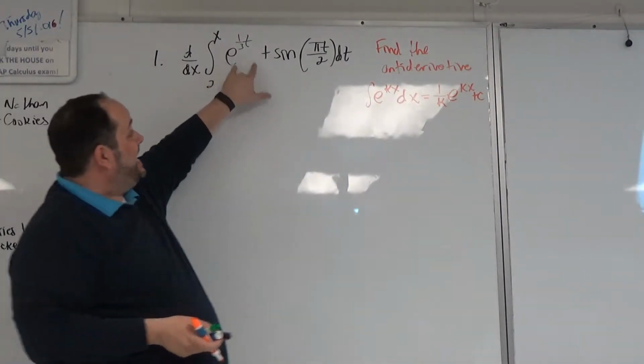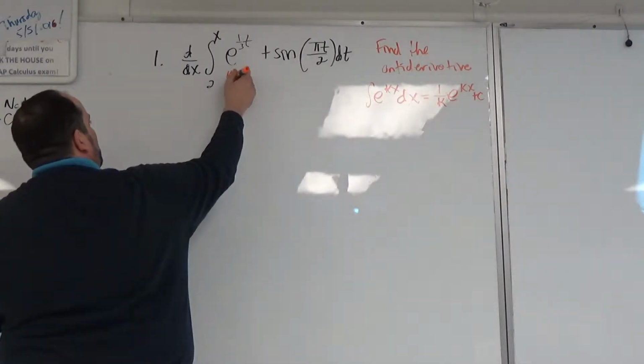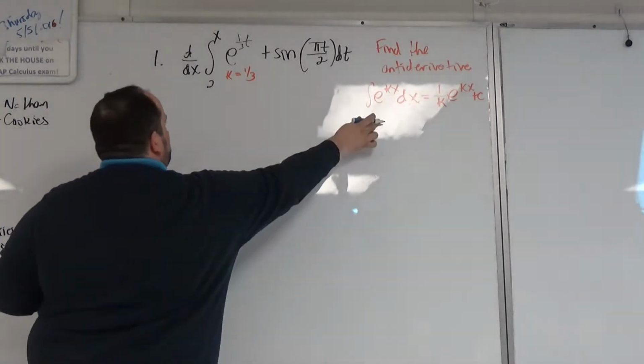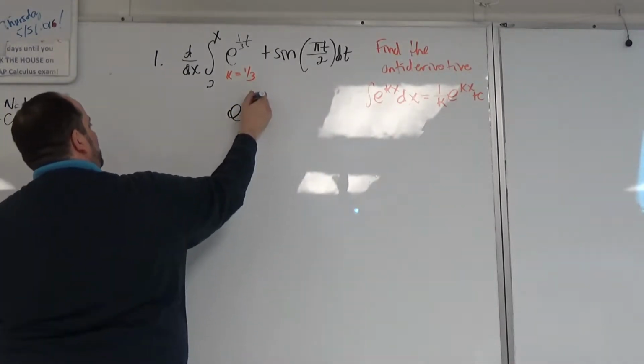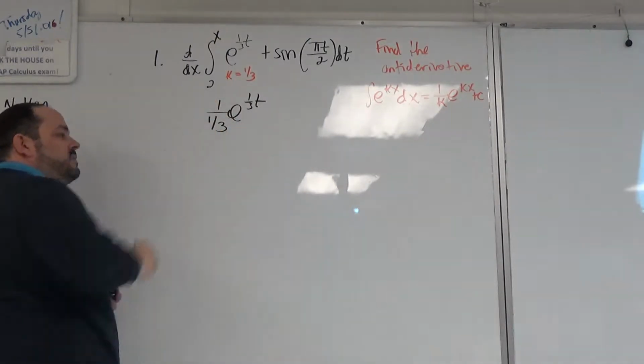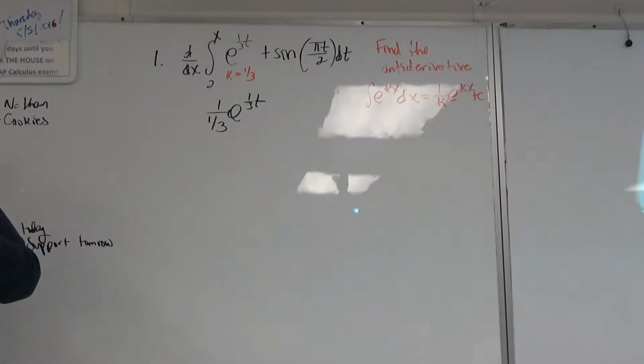That is in this form, except k here is 1 over 3. So the antiderivative using this form is going to be still e to the 1/3 t, and then 1 divided by 1/3. And probably most of you are going to go straight to 3.